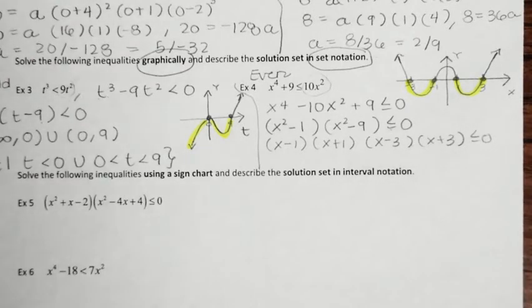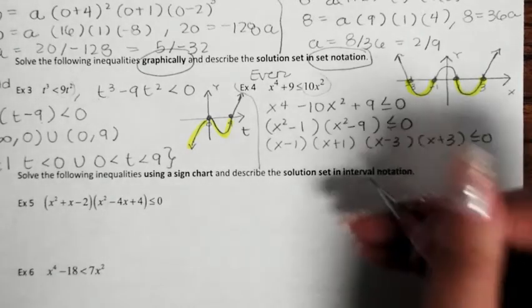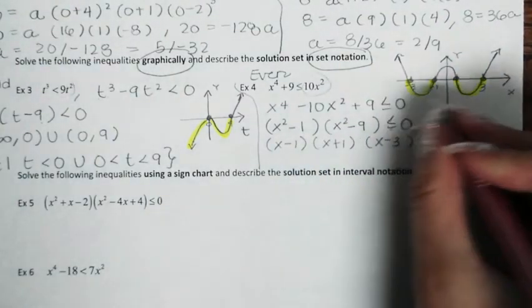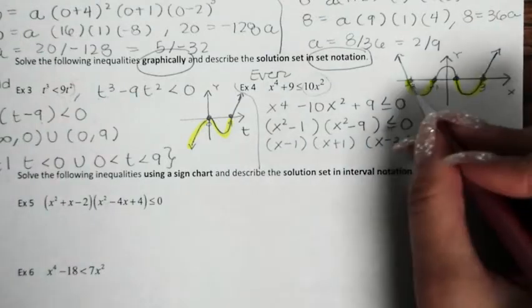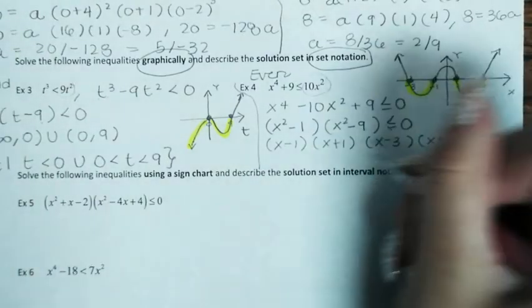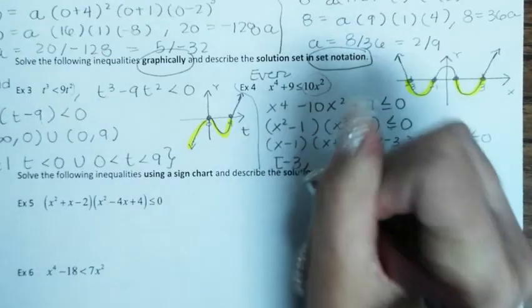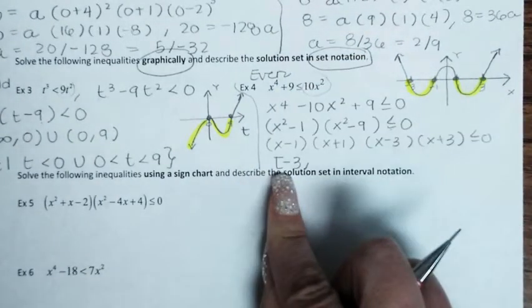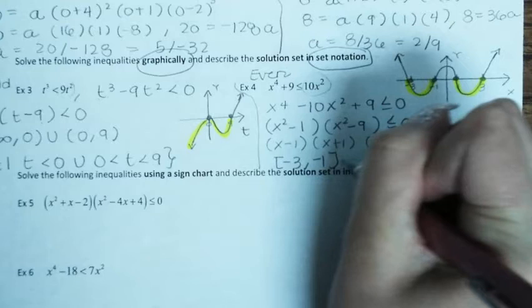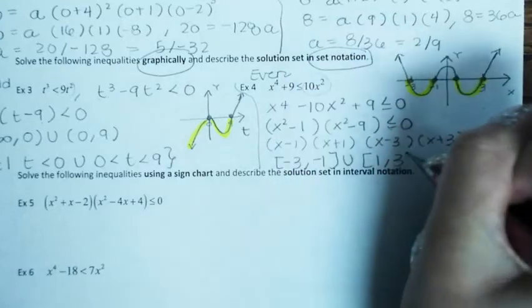Now let's write it. I know that you like interval notation, so I'm going to do interval notation first and then set notation. If you do interval notation here, it's going to be from negative 3, including it, that's why the bracket is square, to negative 1. I union this with 1 to 3.